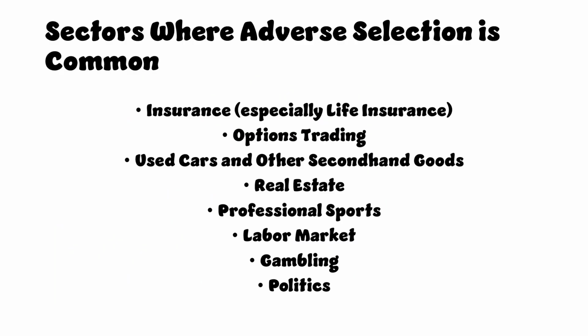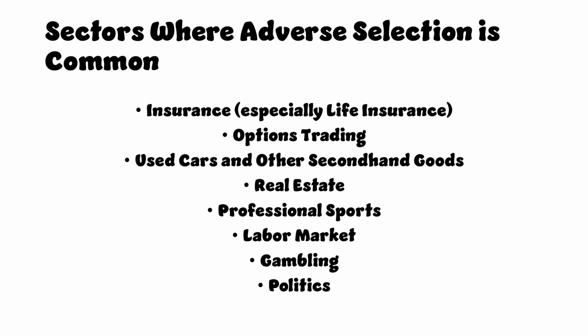Then in economics and industry, there are several sectors of the economy where adverse selection is common. Insurance is one, particularly life insurance. If you're selling life insurance, the people who are going to buy it aren't necessarily young, healthy people without family obligations.